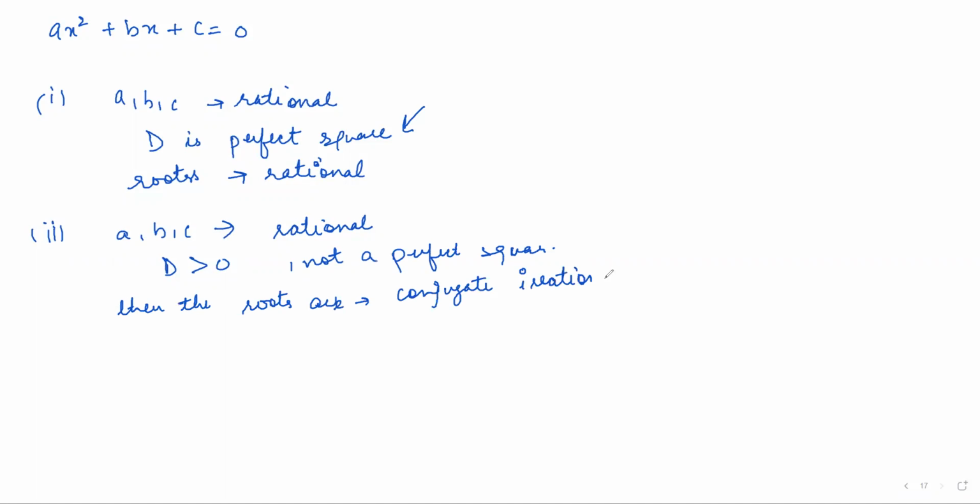Conjugate means, for example, if one root is 2 + √3, then the other root will be 2 − √3. They are called conjugates of each other. Getting it? Yes, Rita? Yes, ma'am. Okay.